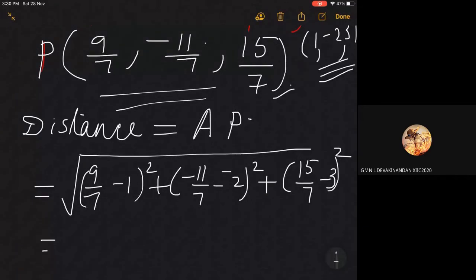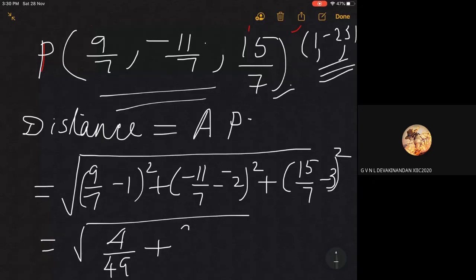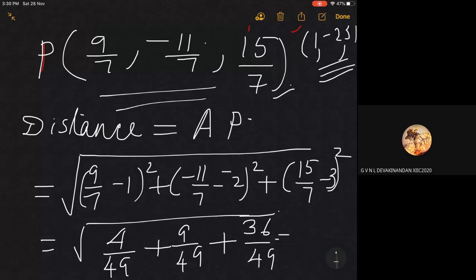And you will get this as root of 4 by 49 plus 9 by 49 plus 36 by 49, and you are getting 49 by 49, and it is root 1, that is 1 unit. That is the distance of the point measured parallel to the line.